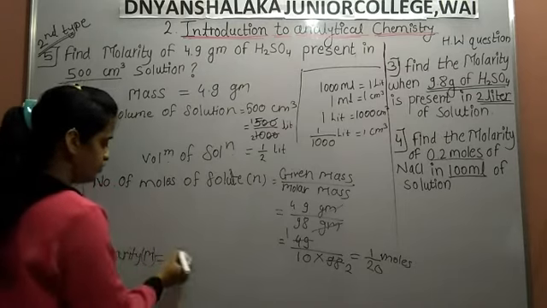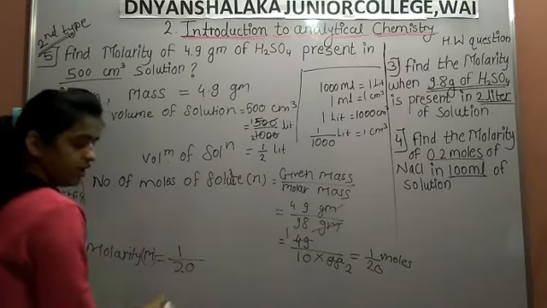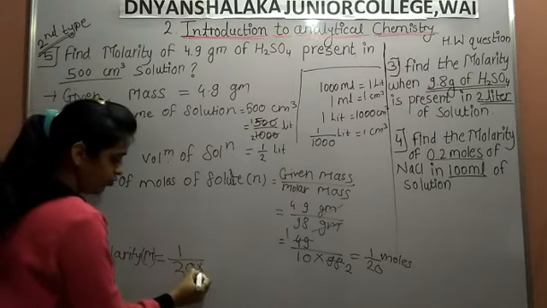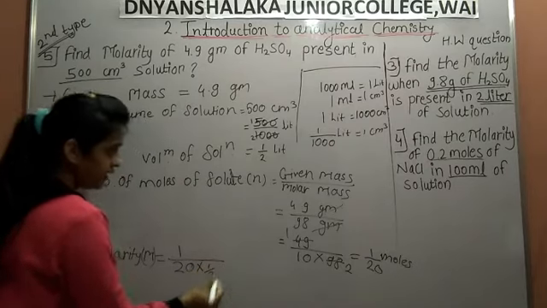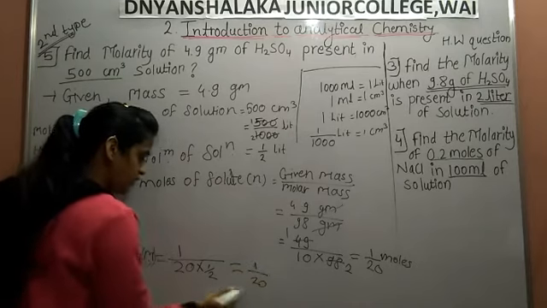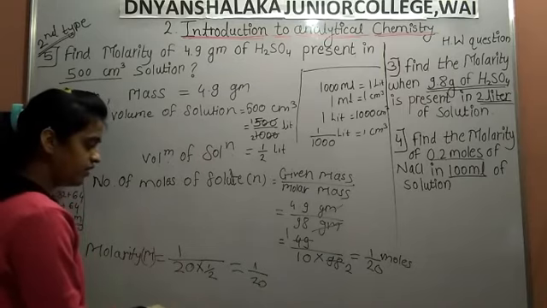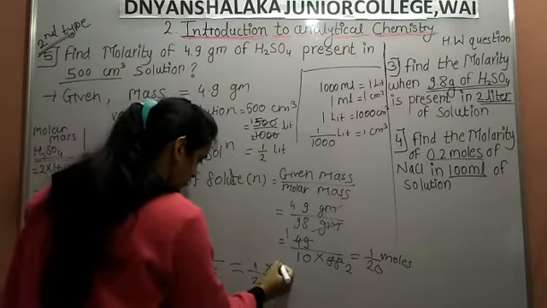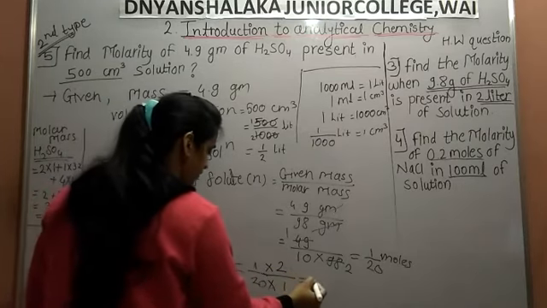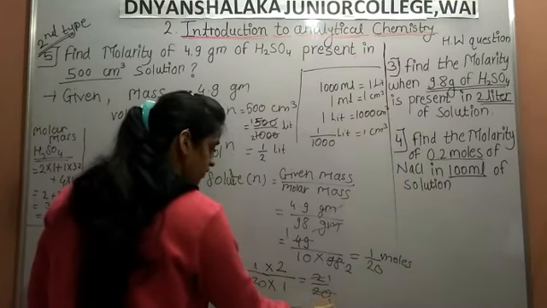The number of moles of solute is 1 upon 20 moles, upon the volume of solution in liter, which is 1 upon 2 liter. Rearranging, this 2 in the denominator shifts to the numerator, so we get 2 upon 20. 2 ones are 2, 2 twos are 0.